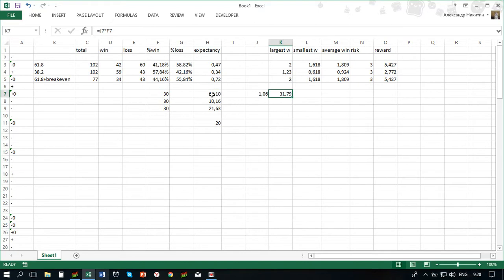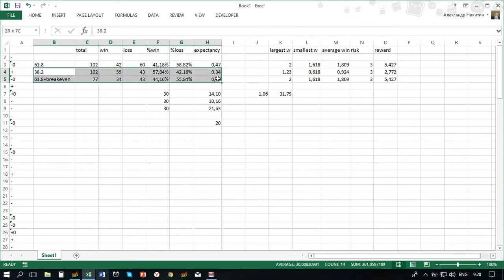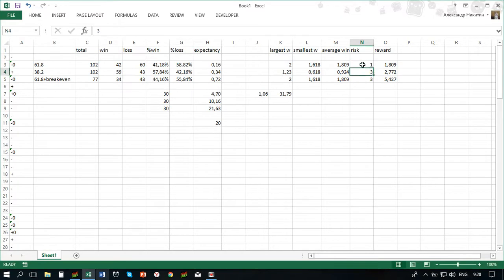Here it is. If you use the 2 target strategy, closing half, closing another half. At 3% risk, let's turn it into 1% risk, and the same. This is the largest.